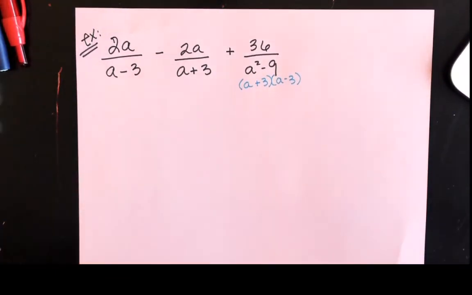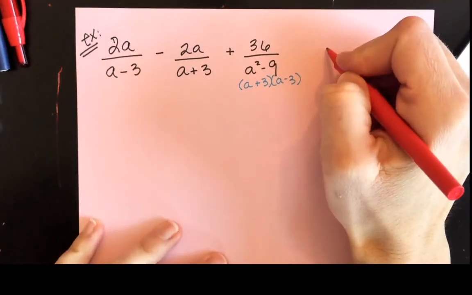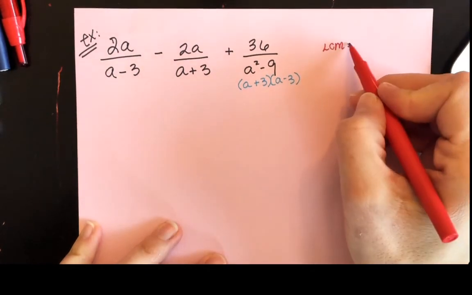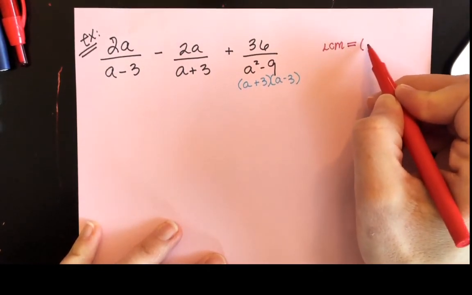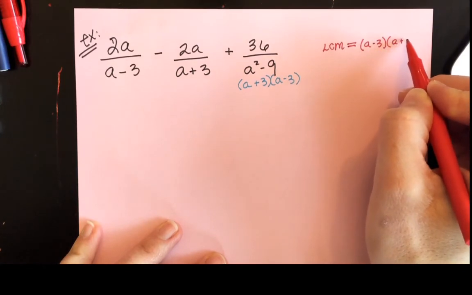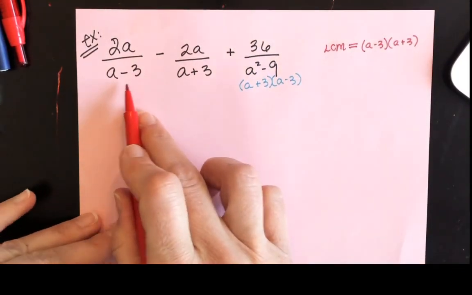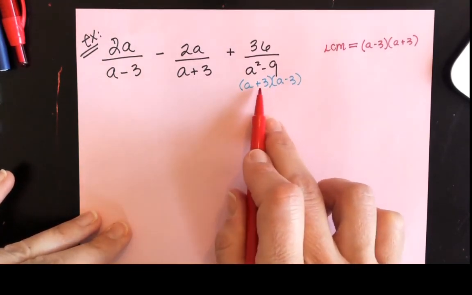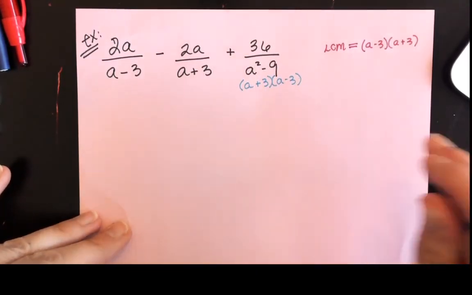If you need to, I still would list your common denominator, your LCM, just so that you keep track if the questions get bigger. I am certain we can all see that the only two that exist throughout this whole thing are a minus 3 and a plus 3, and then we have them right here already.